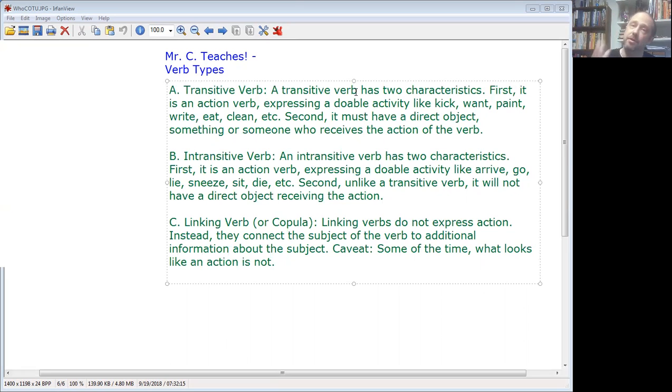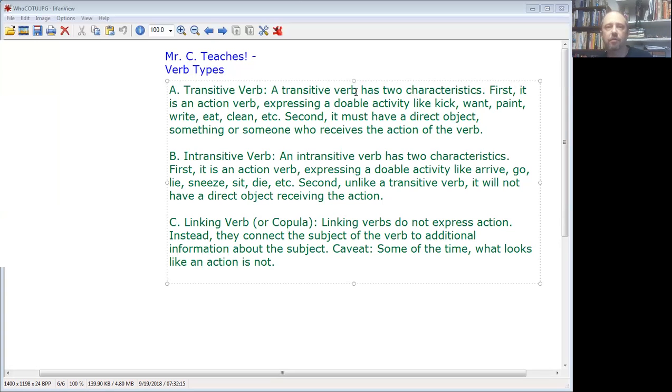And then the third type of verb is the linking verb, or if you've been studying your vocabulary, what you've seen referred to as the copula. It's an older term for linking verb that's kind of gone out of fashion recently. But in any event, the linking verb does not express action. What the linking verb does is it connects the subject of the sentence to some additional information about the subject.